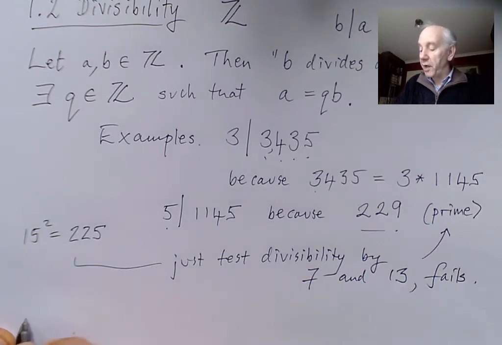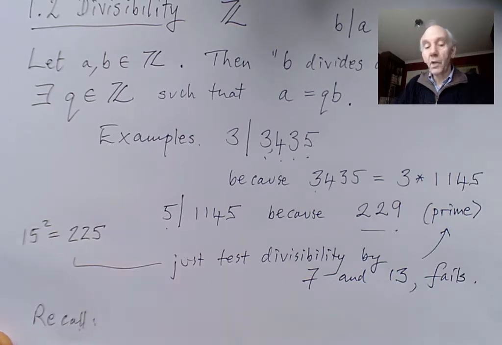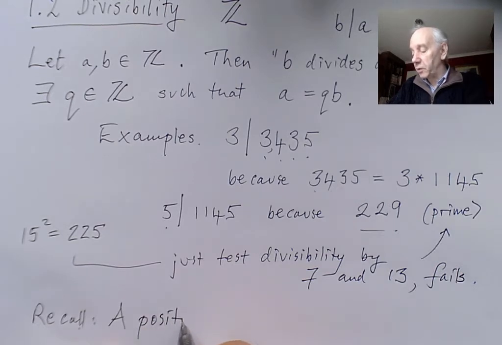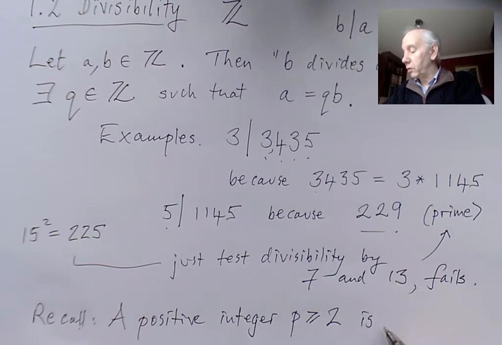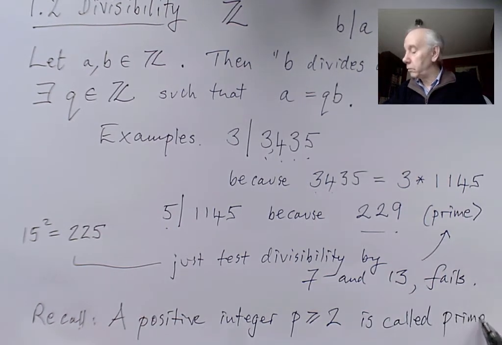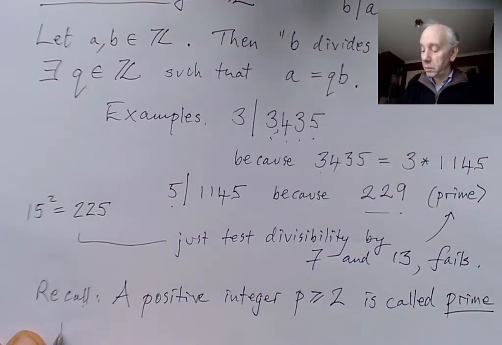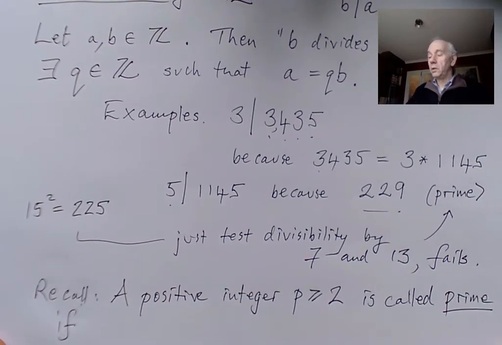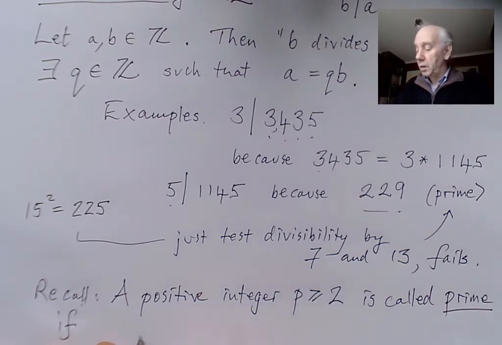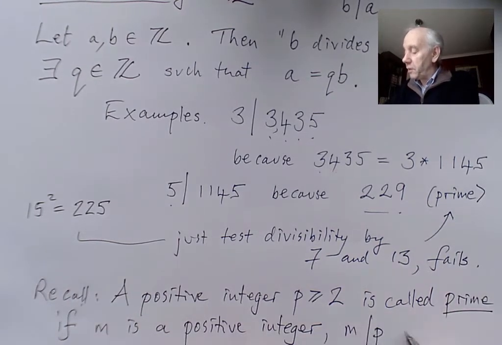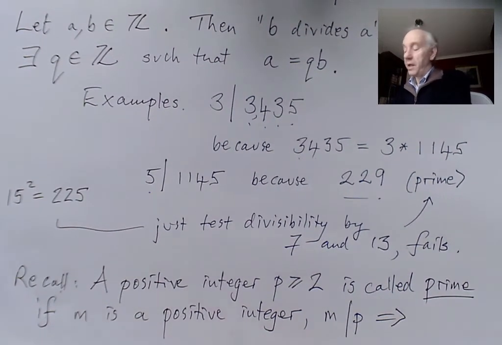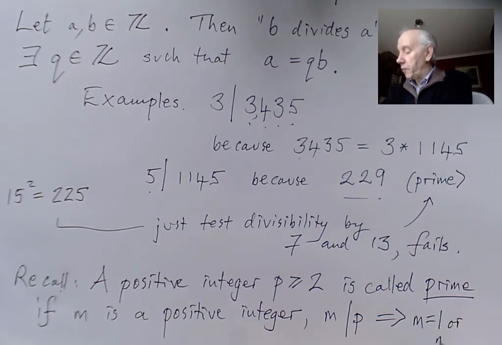Recall that a positive integer p, at least 2, is called prime if, let's write it in symbols, if m is a positive integer and if m divides p, then there are only two possibilities, namely that m is equal to 1 or m is equal to p.